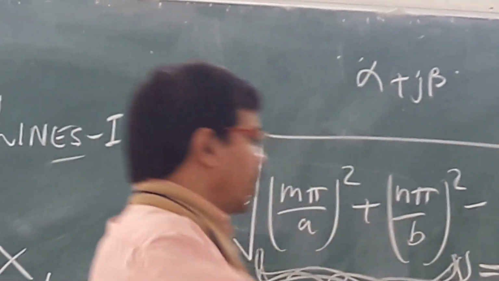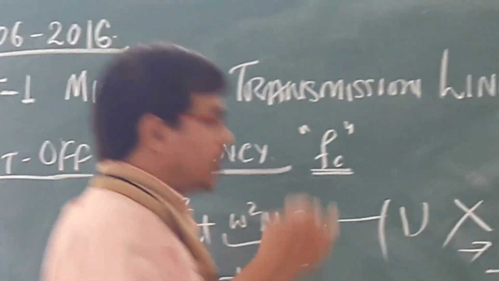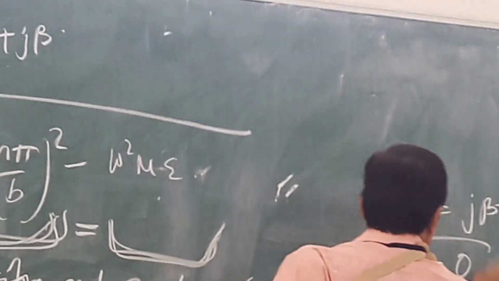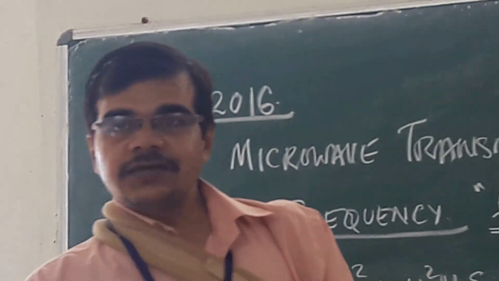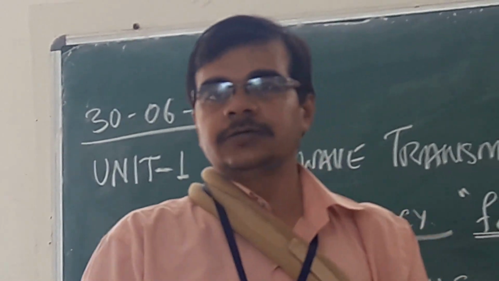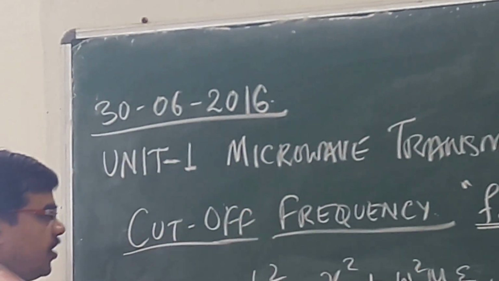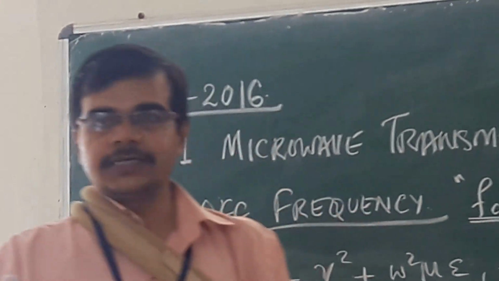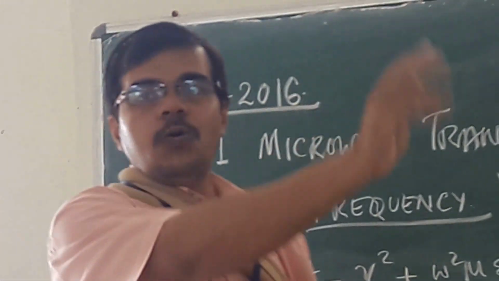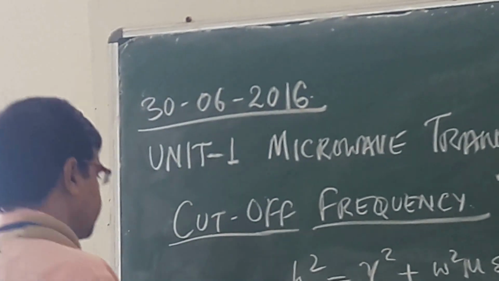Okay, when alpha is equal to j beta, during that time your propagation constant will be 0. So it is the frequency at which the wave starts to propagate. So what is your cutoff frequency? Cutoff frequency is the frequency at which the wave starts to propagate.